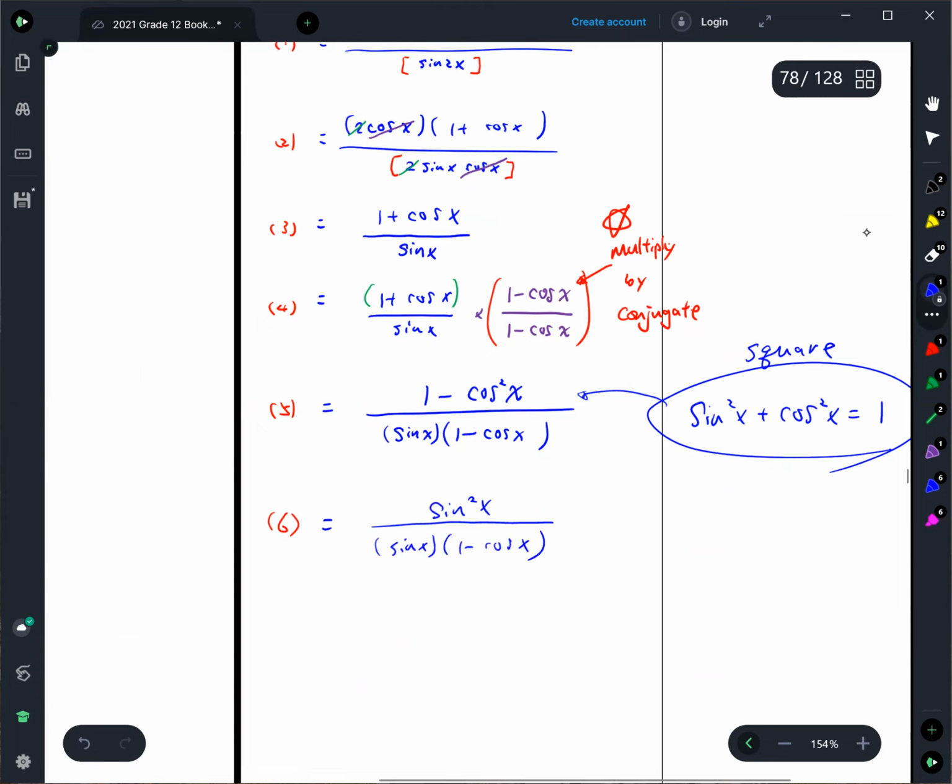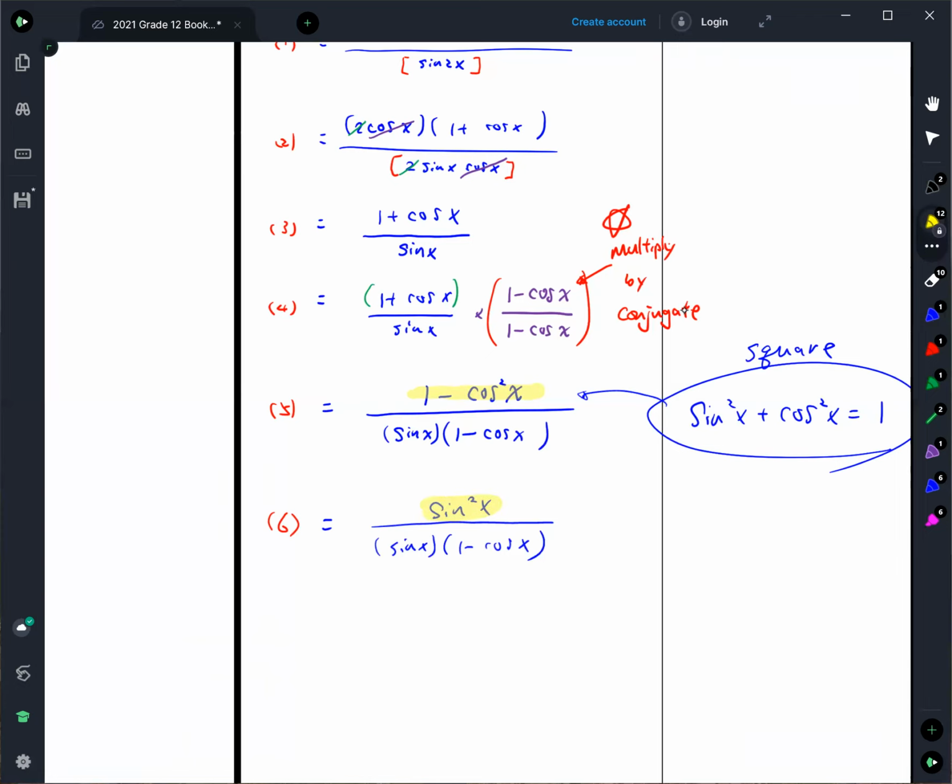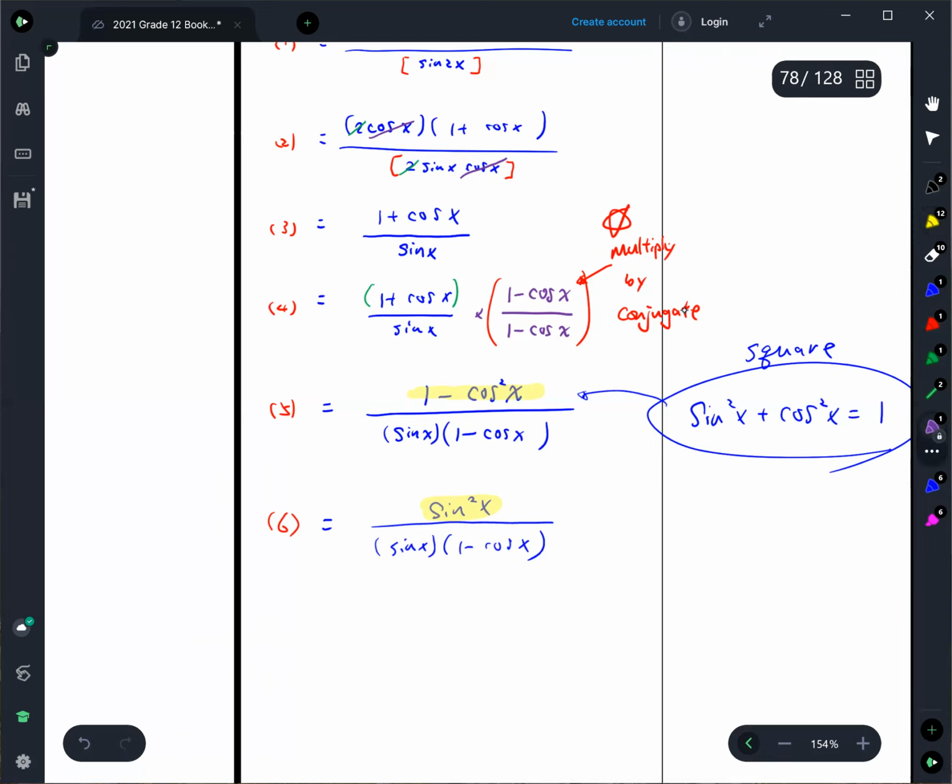Can you raise your hand if you understand how we get to this point? Okay, Caleb, Evan, Jocelyn, and Marcus, do you have any questions? How we changed the numerator?